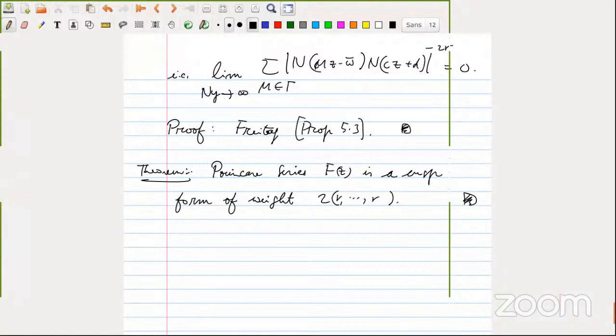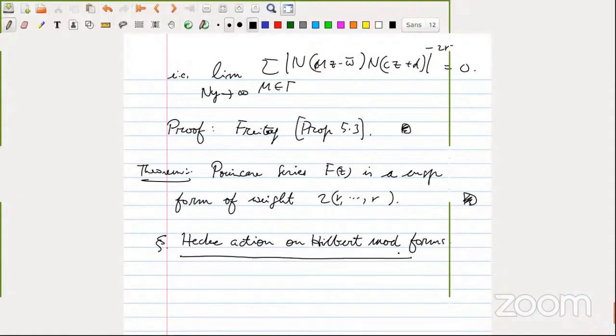There are Hecke operators on the space of modular forms, and I just want to briefly say what those are.